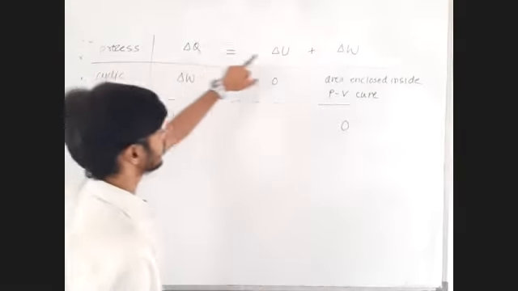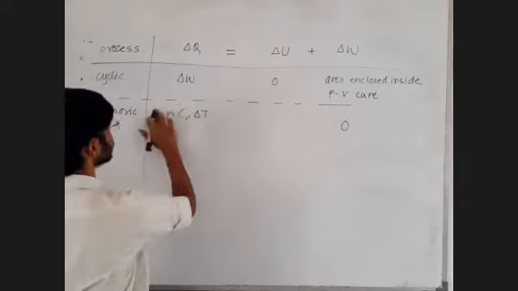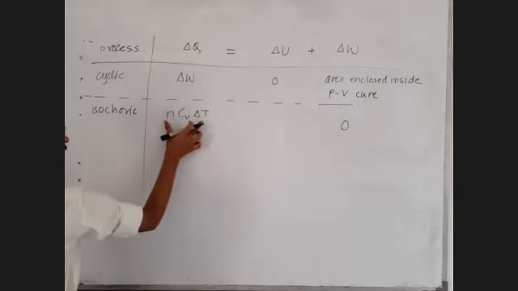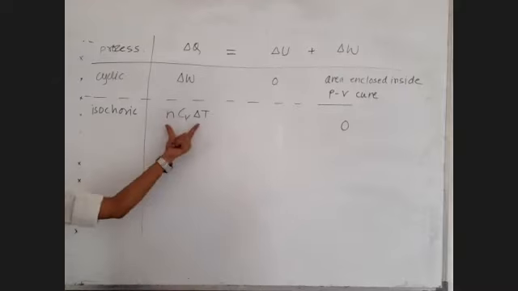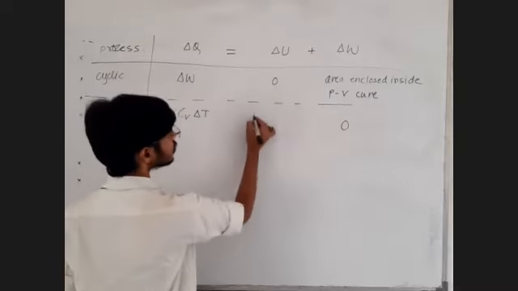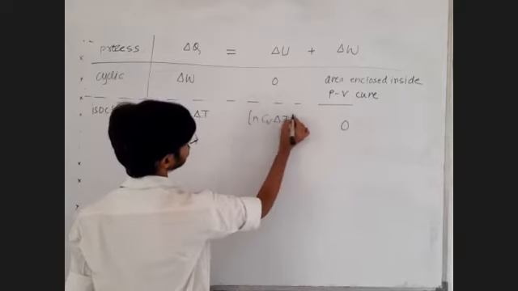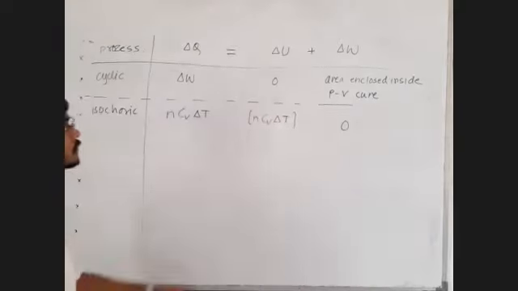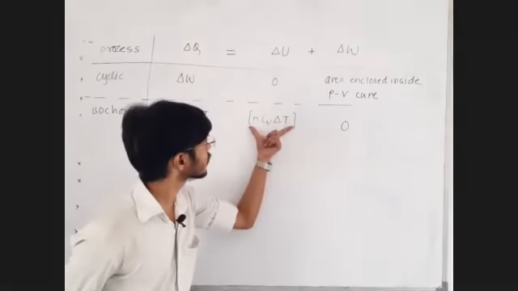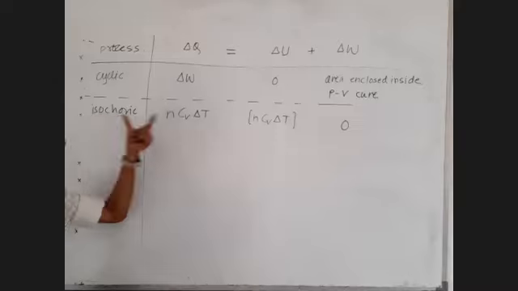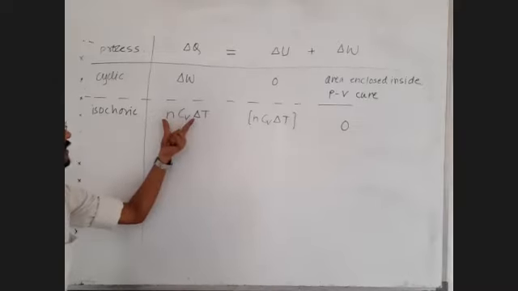And delta U, or heat is supplied at constant volume, so heat can be directly written like this. But this is the always formula for delta U. Try to understand. This is the always formula for delta U, and right now heat is being supplied at constant volume, so heat can also be written as nCv delta T.